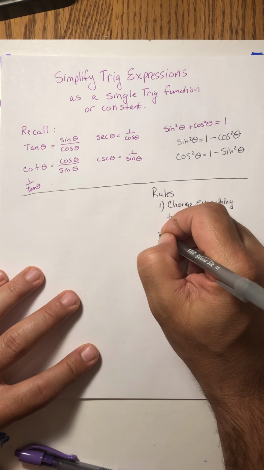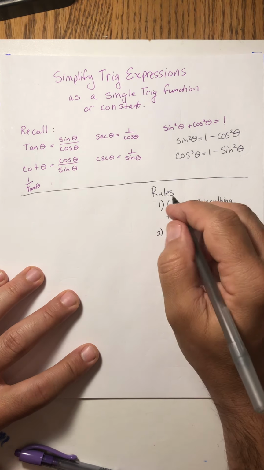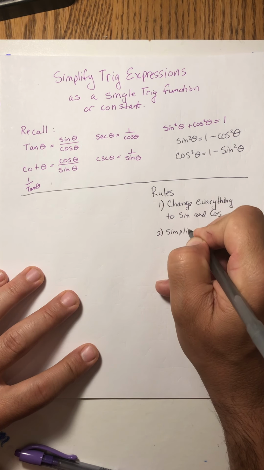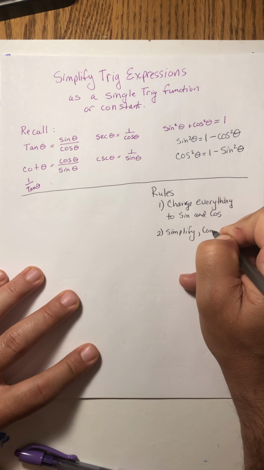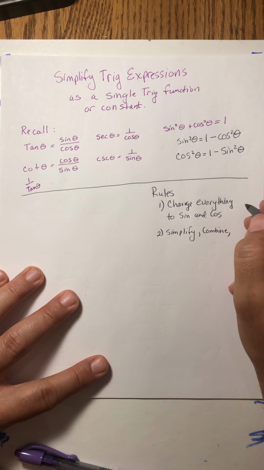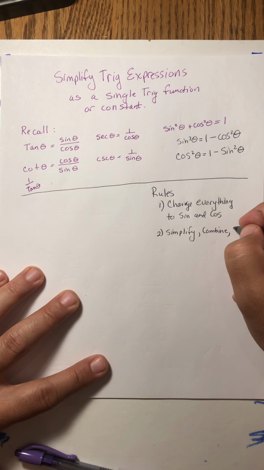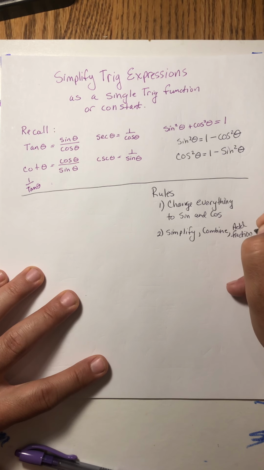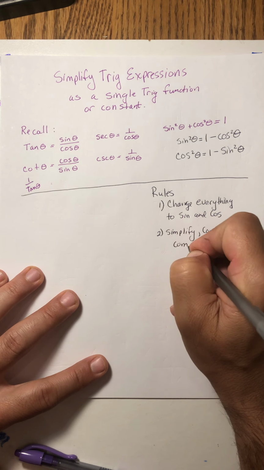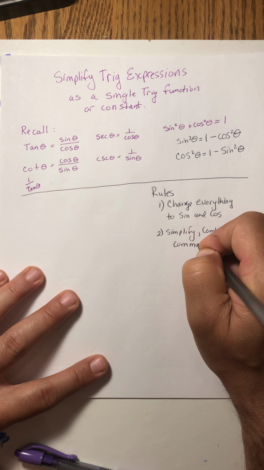Number 2 is lengthy, meaning we have to simplify. Combine like terms. We add fractions. So that means we have to have a common denominator. We have to get common denominators, all part of this simplification.